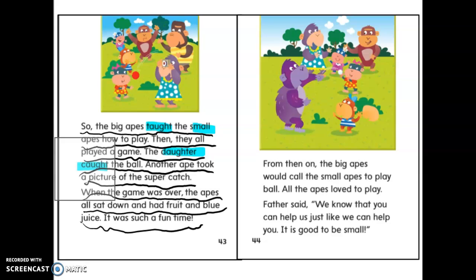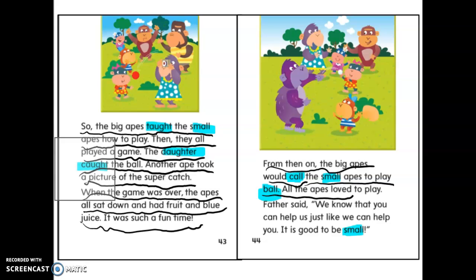Hey, last page. Let's see, we have the word small. Ready? Read. From then on, the big apes would call, there's another word with our ah sound, would call the small apes to play ball.